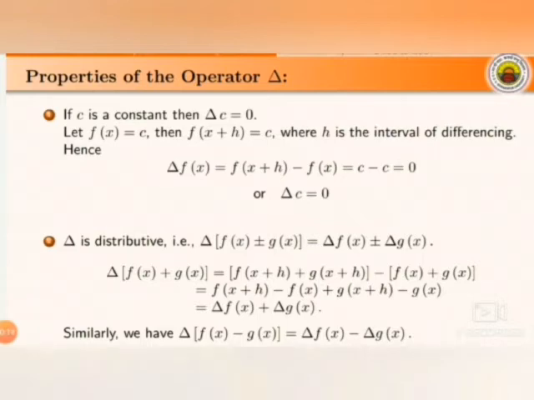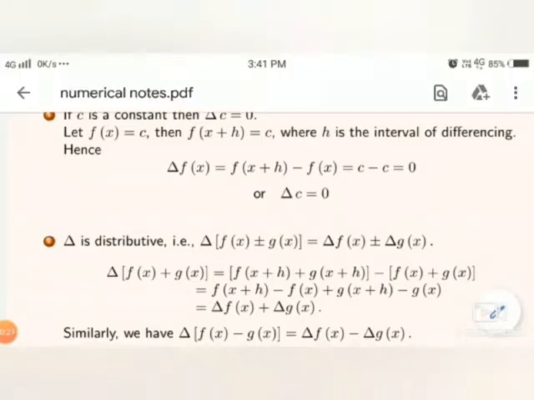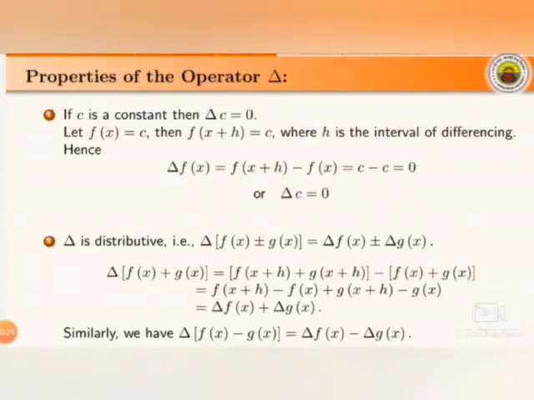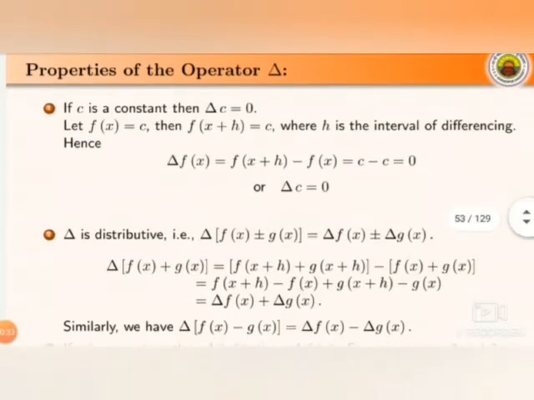And see the proof. Del of f of x plus g of x equals f of x plus h plus g of x plus h, minus the function. You can consider the two functions as a single function, then apply the formula. We get the first line. Splitting the functions, f of x plus h minus f of x, plus g of x plus h minus g of x, we get separate functions.